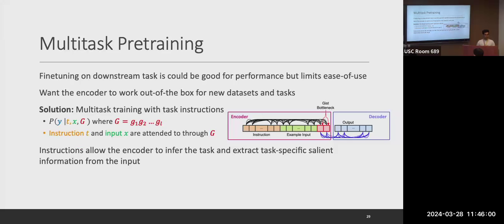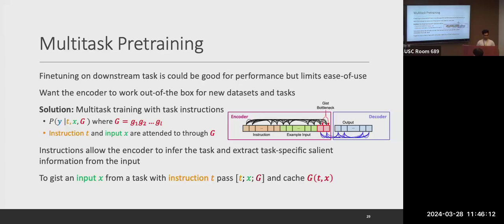The instructions allow the encoder to infer the task-specific information into the gist tokens, so that for any new task and any new input, you pass the model T, X, and G, and then cache the activations above G, T, and X. And you can use them for gist caching like I showed earlier.